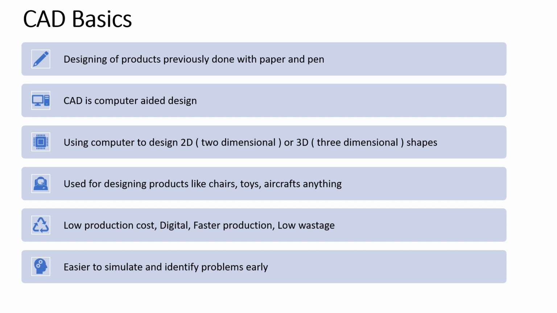Everything can be simulated in computers, so that once you make a final product, it is close to accurate, and you don't have to make large production or large samples, which would be a wastage. It's easy to simulate and identify problems earlier.